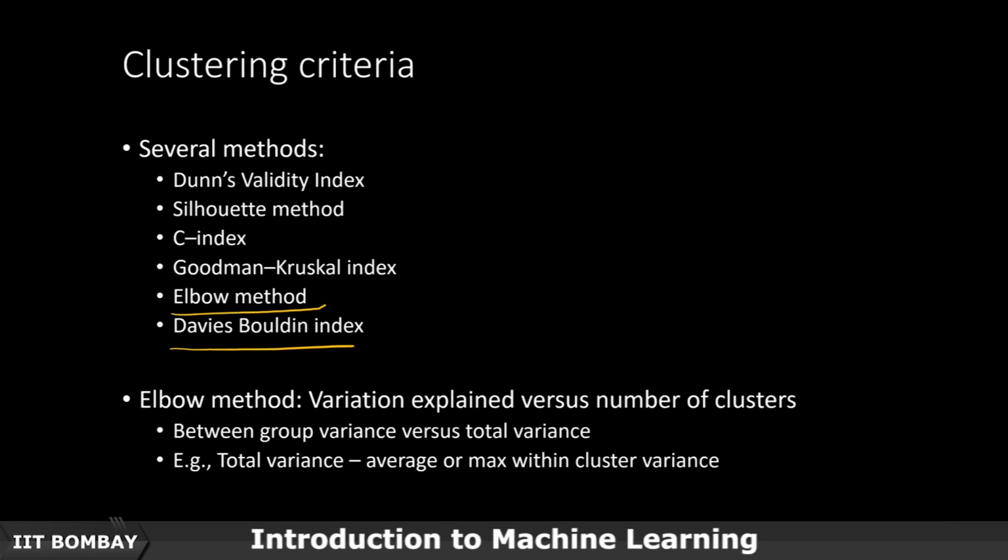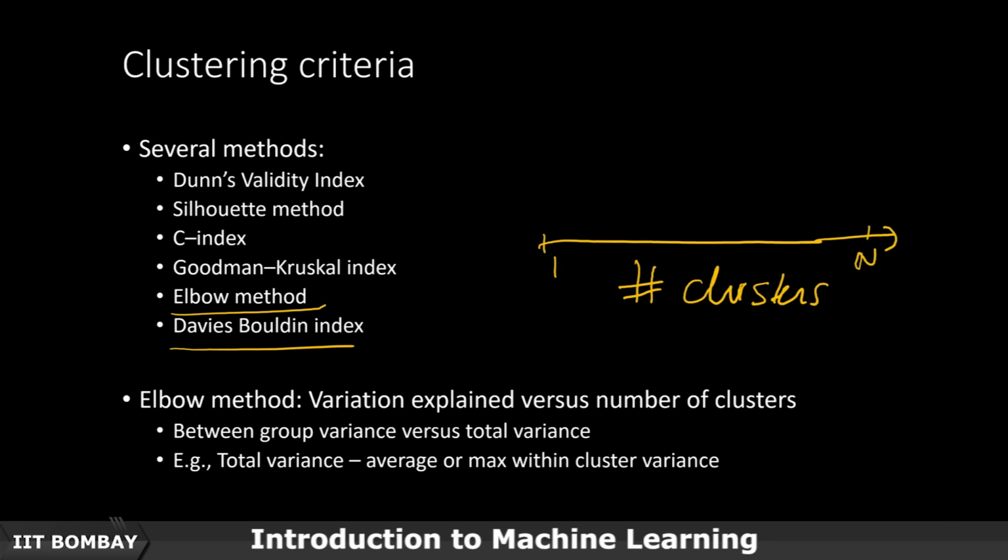So in the elbow method, we are looking at the percent or the proportion of variance that is explained by the clustering. So we have something like number of clusters. All right. And this will range from 1 and it can go up to n. Okay. And on the y axis we have variance explained.